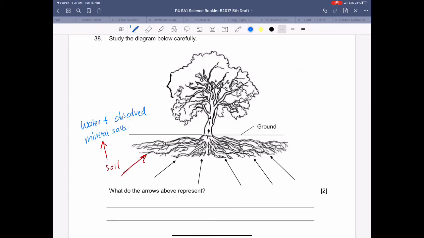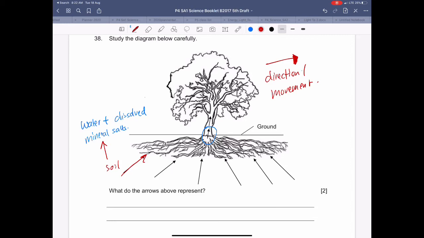Not only that, remember I told you when it comes to science, arrows with an arrowhead depict direction or movement. I told you all this many times. That is why you cannot use arrowheads for labeling.